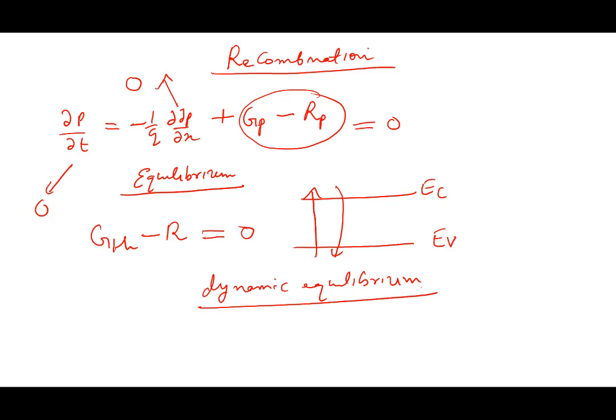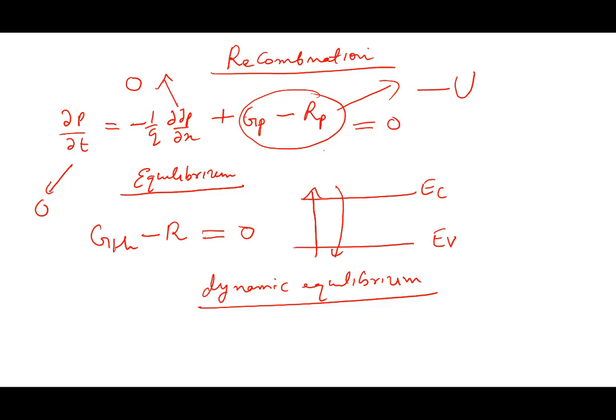All right, what happens if I disturb this equilibrium? For example, say I have a piece of semiconductor, and this term that you see here, which is a generation and a recombination, I can call as one single quantity and call it minus U. I replace this whole thing by minus U, which we call the net recombination rate, meaning the recombination minus the generation term.